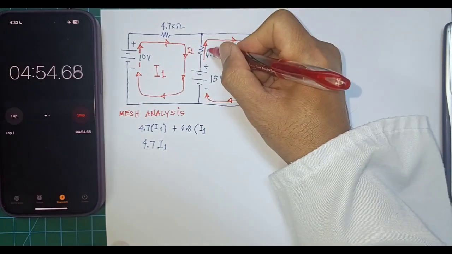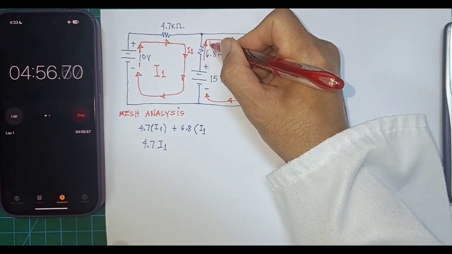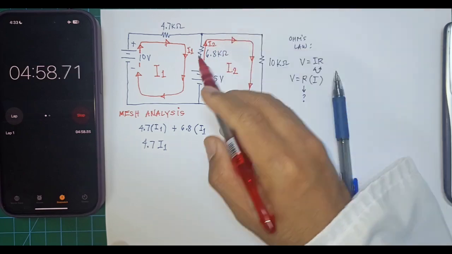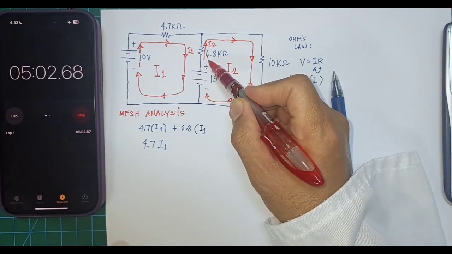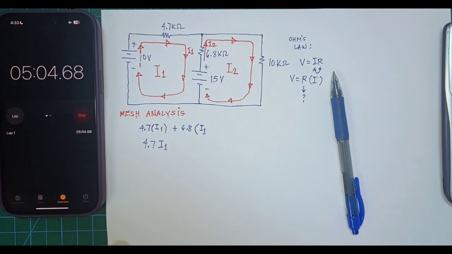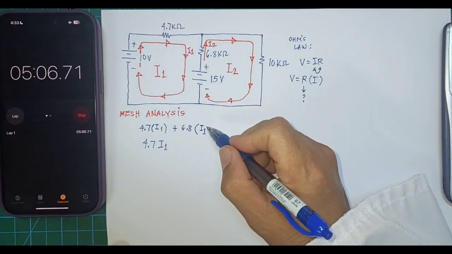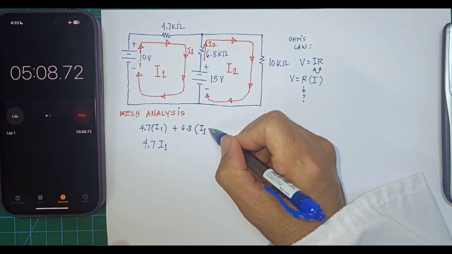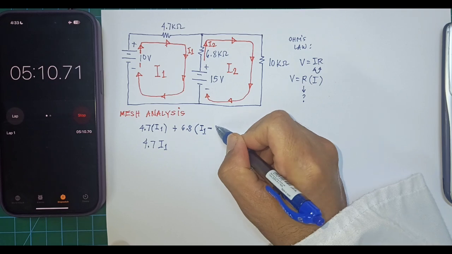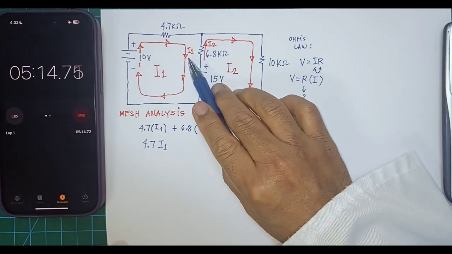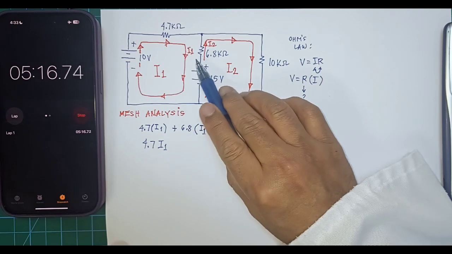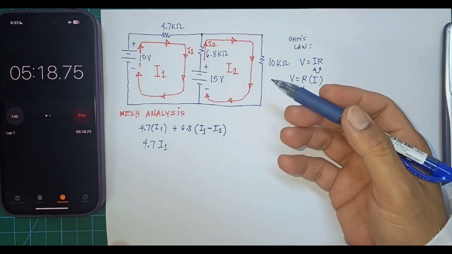But there's also a current going up, which we call I2, and they are in different directions. This is going down and this is going up. Therefore, our equation would look like I1 positive and I2 will be subtracted from I1 because the directions of the two are not the same.